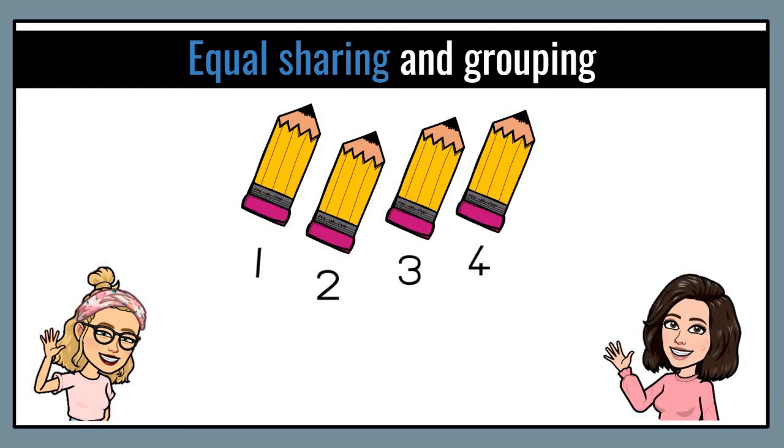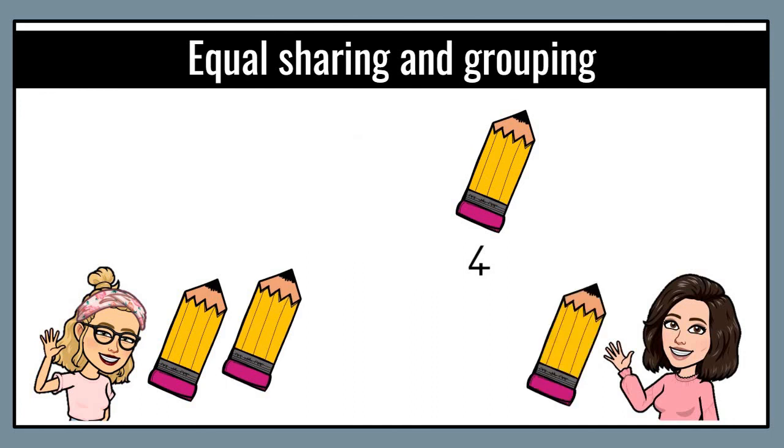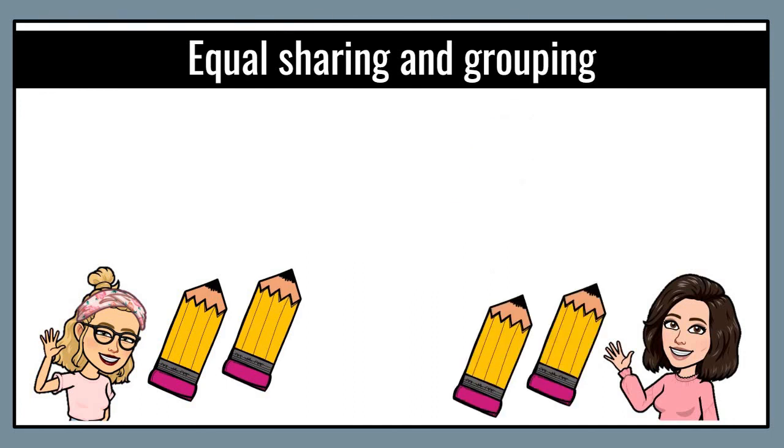Well done. I have 4 pencils that I want to equally share between me and my friend. One for me, one for my friend, one for me, one for my friend. Now I see that I have 2 pencils and my friend also has 2 pencils. I have equally shared the pencils.